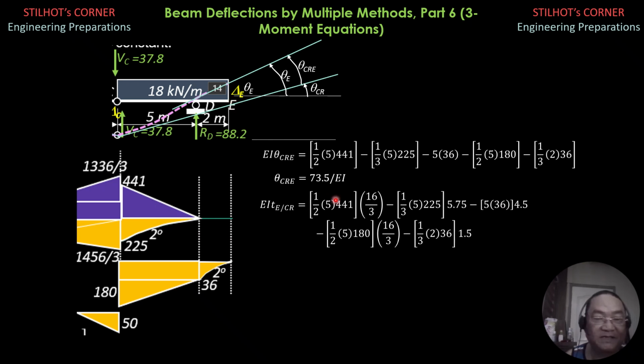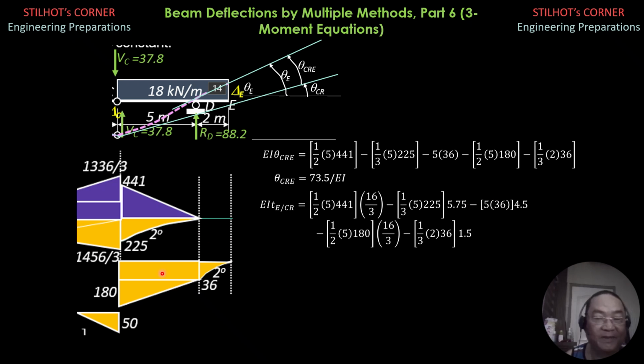So for the first area, the moment arm is 16/3, supposedly 2/3 of 5, 10/3 plus 2. This is 2 meters. So 16/3 minus 1/3 of 5 times 2.5. The moment arm is, this is 5 over 4 or 1.25. So its distance from E is 7, that's 5 plus 2, 7 minus 1.25, so 5.75.